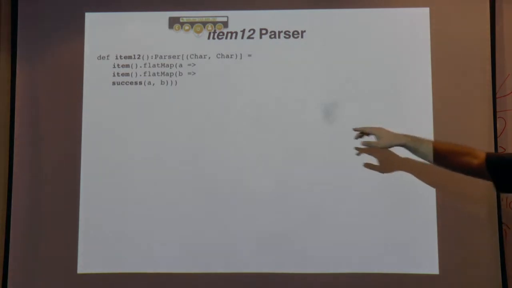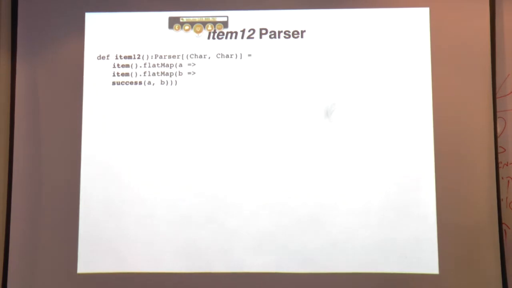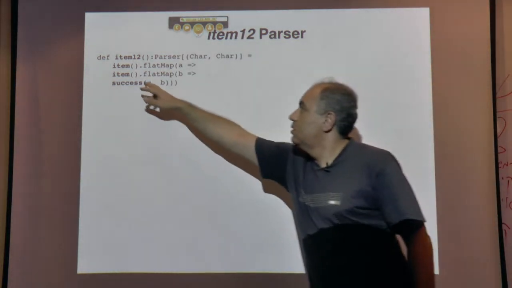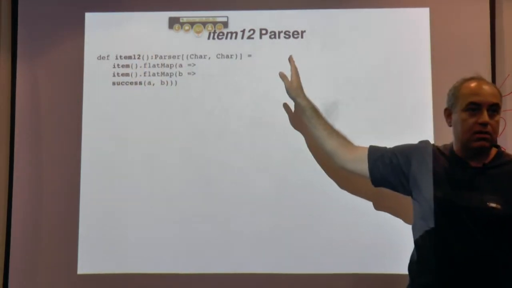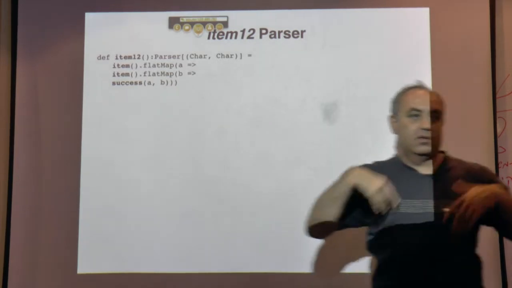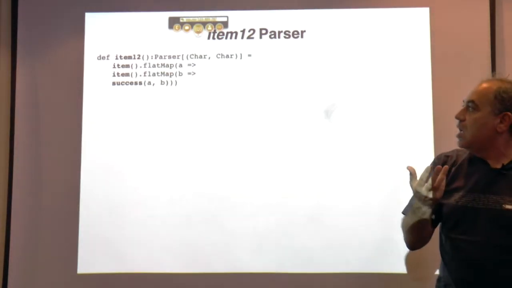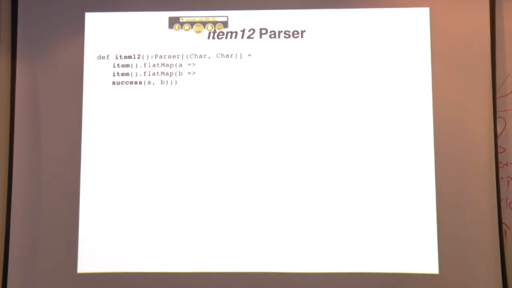Okay. So you want to understand how it works. So we run the first. This is the first parser. Item returns the first parser. Now we run the flatMap.